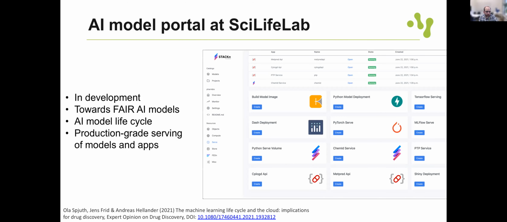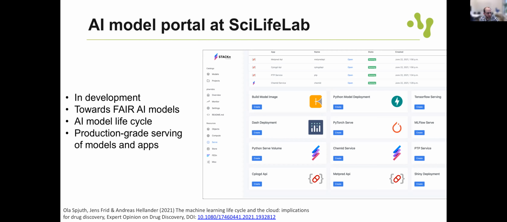So there is some ongoing development at SciLifeLab towards this end, and really towards working on FAIR AI models, to propel this work towards fulfilling all of FAIR: findable, accessible, interoperable, and reproducible.